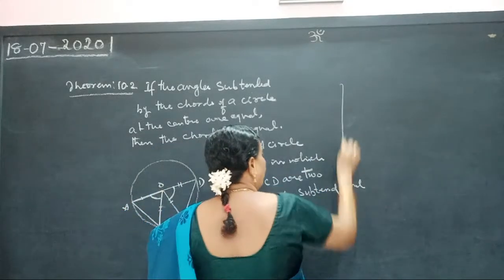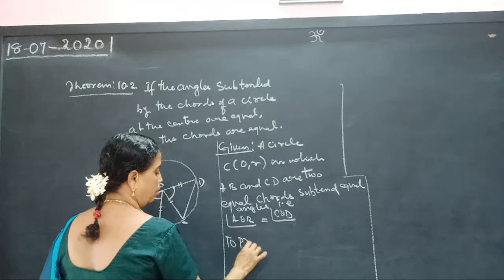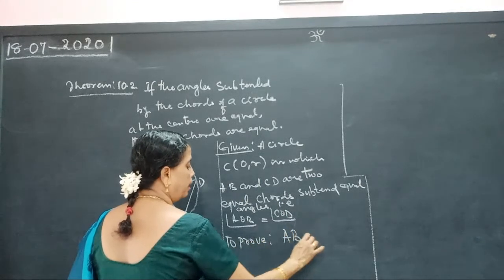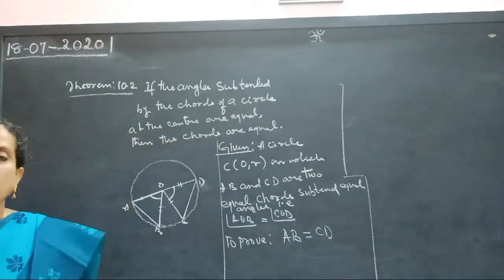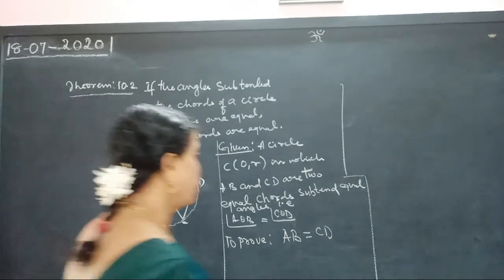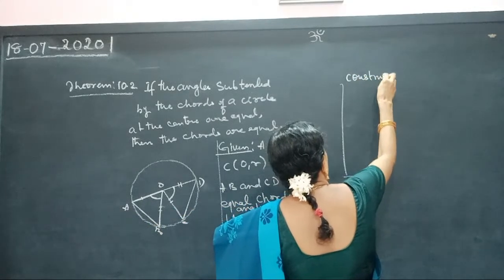What we have to prove? To prove chord AB equals chord CD. Construction: we have joined the radii.